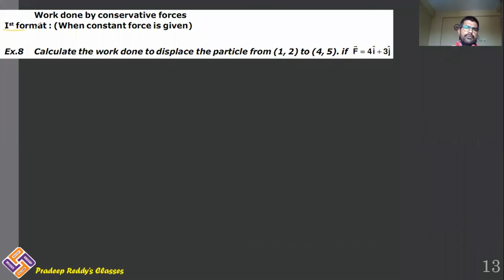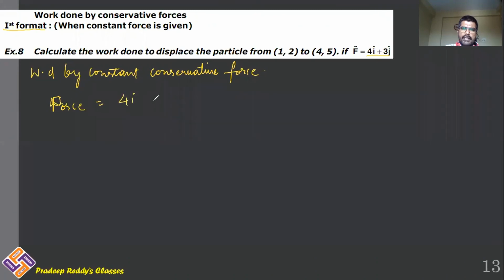This is the first format, where force is constant. In this example, we have work done by a constant conservative force. The force is given as 4i plus 3j newton.